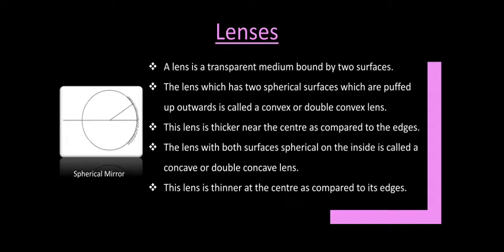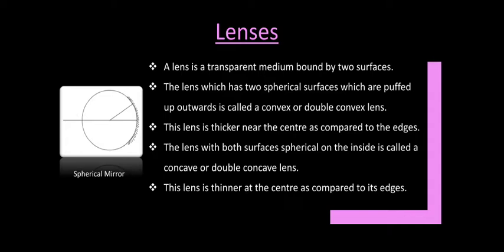Now, what is a lens? It is a transparent medium bound by two surfaces. The lens which has two spherical surfaces which are puffed outside, means they are puffed up outside, is a convex or double convex lens, right?